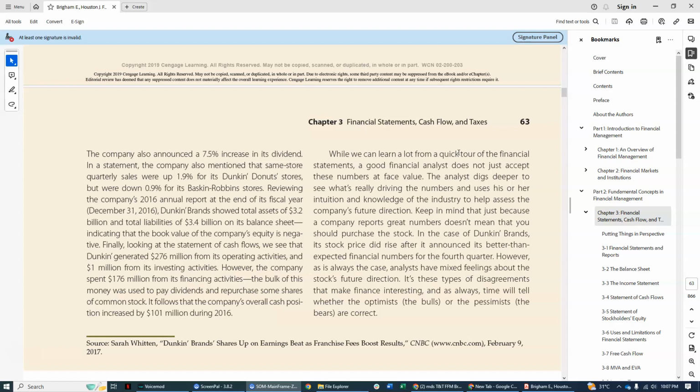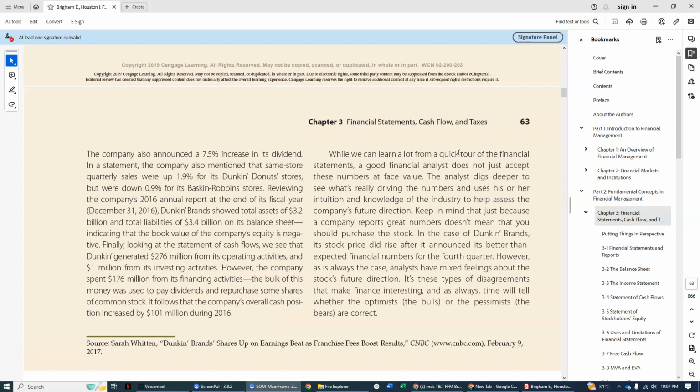However, in financing activities, they paid dividends of 176 million. So they generated 276 from operations, and out of that they gave 176 in dividends. That would leave only 100 million, though they have another 1 million from the selling of long-term assets.